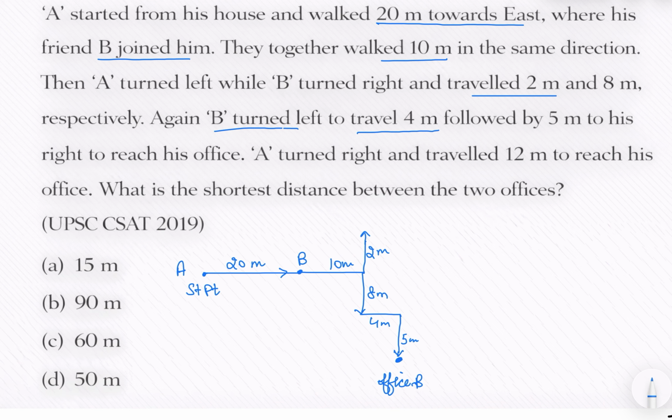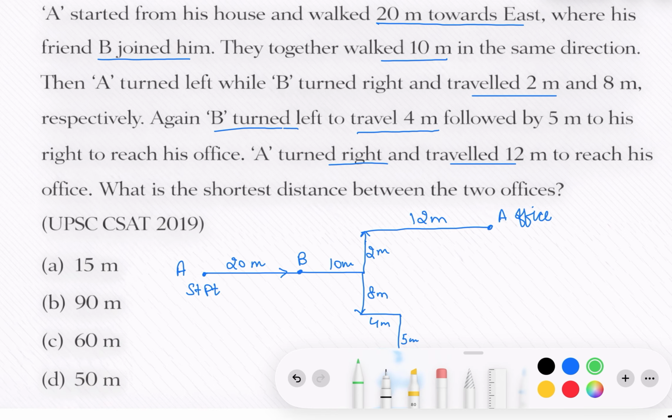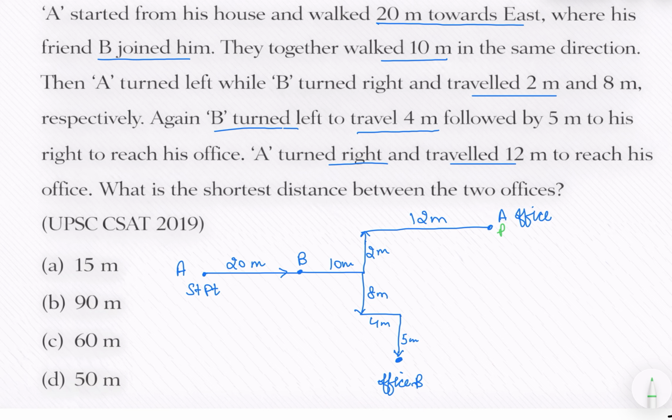Next, A turns right and travels 12 meters. A will turn right and travel 12 meters to reach his office. Here we have the office of A. P is the destination of A's office and Q is B's office.